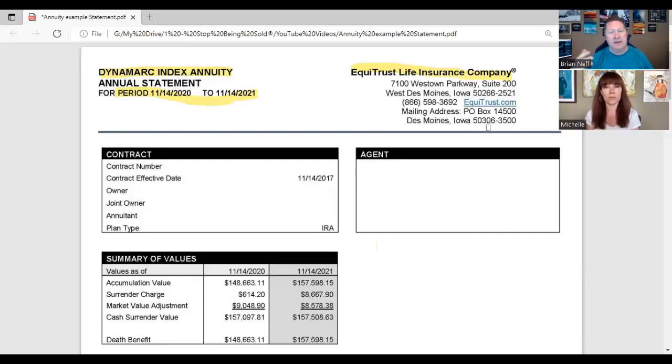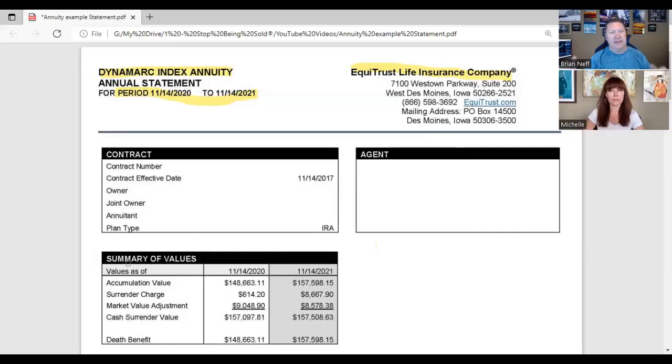As a financial advisor, I get all the compliance bulletins from the state regulators saying, oh my gosh, we stopped this company out there because they were selling fake annuities and making their own statements and giving them to consumers. We're talking hundreds of millions of dollars a year lost because of that. So when you get your statement and you have questions, pick up the phone and call these guys.